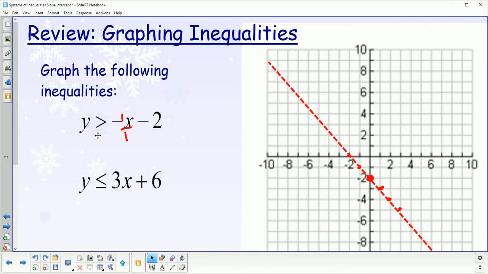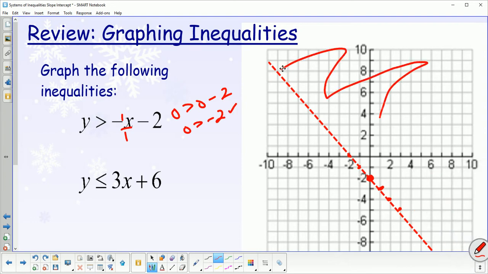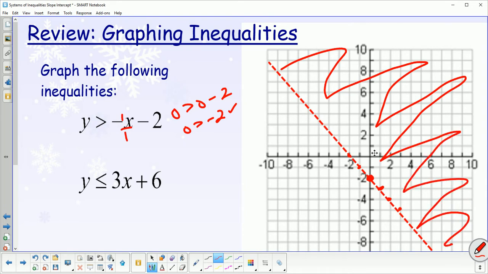Actually, whoops, before we do that, we want to shade this other one. So we do our test point 0, 0. So I plug in 0 and 0 minus 2. This says 0 is greater than negative 2, which remember is a true statement. So that tells me to shade everything that's on the same side. That test point was right here. So I'm going to shade everything up and to the right.